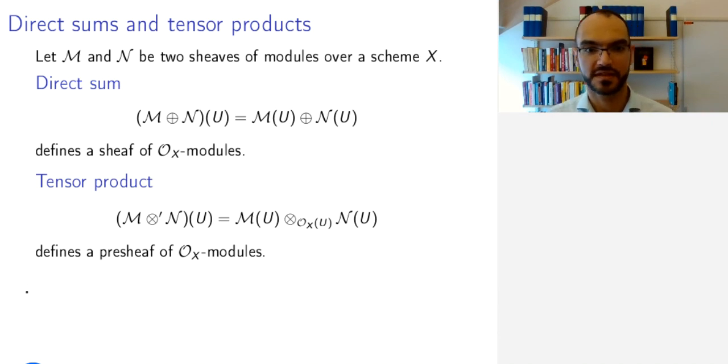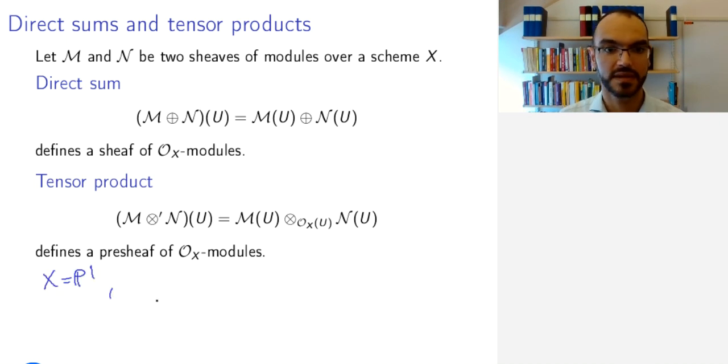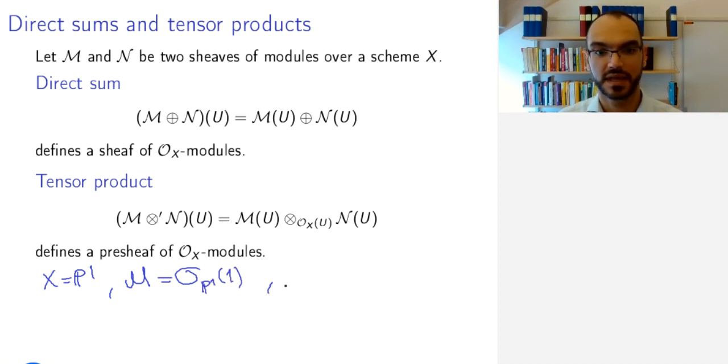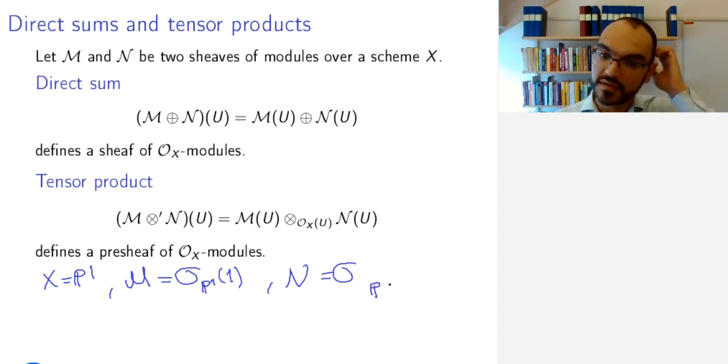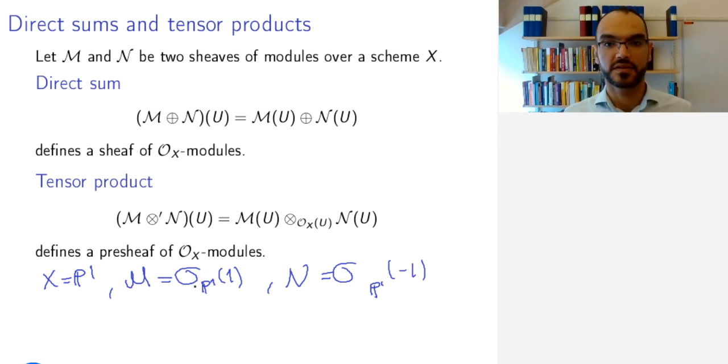To see an example of why this is not a sheaf, let X be P1, let M be the twisting sheaf with d equals 1, and let N be the twisting sheaf with n equals -1. So these are quotients of homogeneous polynomials, where the denominator has 1 degree lower than the numerator. Here the numerator has degree 1 lower than the denominator.